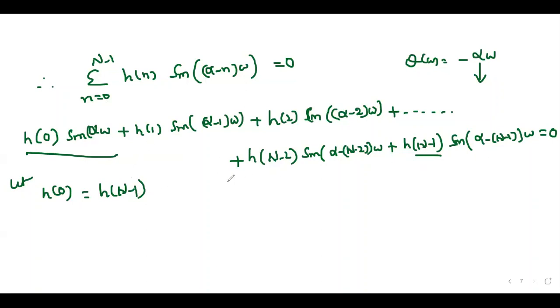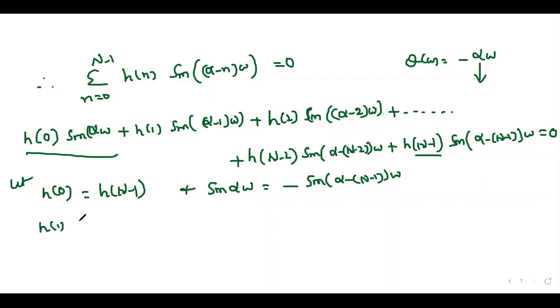And if these two are equal and this sine of alpha omega is equal to minus of this sine of alpha minus of n minus 1 omega, then see, these two terms are negative but equal. This h of 0 is equal to h of n minus 1. So this last term and this last term we can cancel. Right?